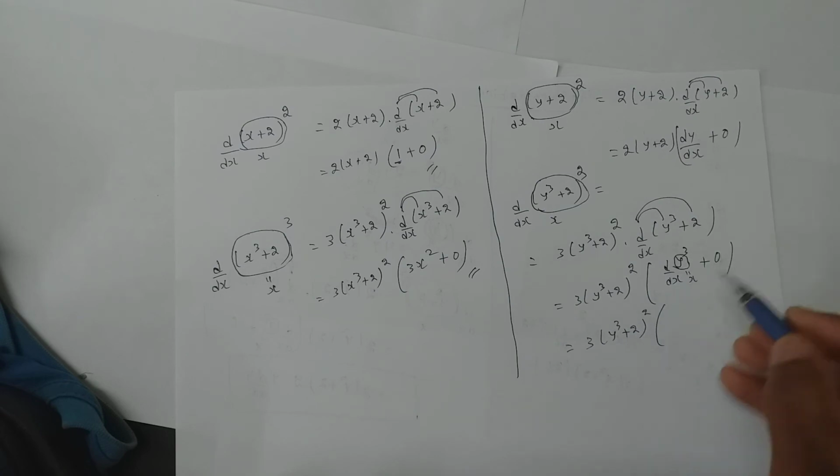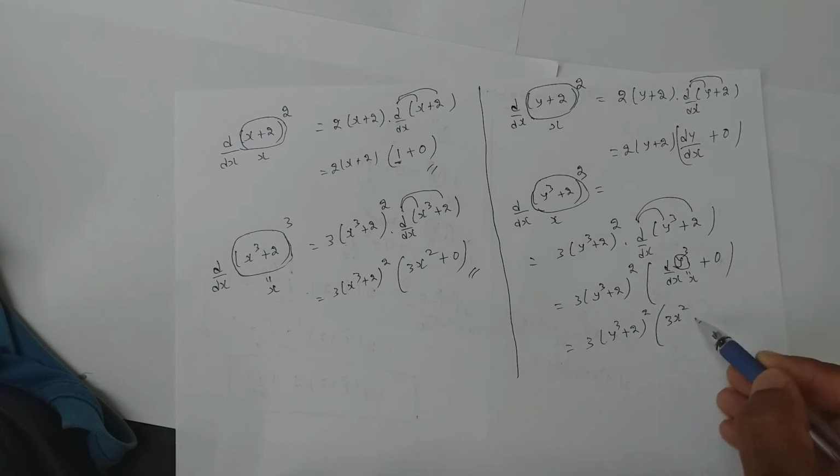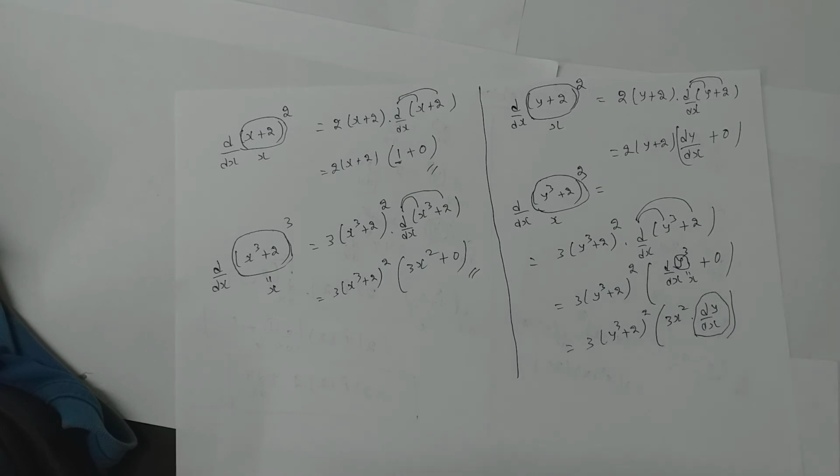So it is of x cube form, 3x square into d by dx of the internal part of y. If there is some other letter other than x, this you cannot be missing. Am I clear? This is the basic difference between AS level and A level. Internal part differentiation is what I am trying to tell you.